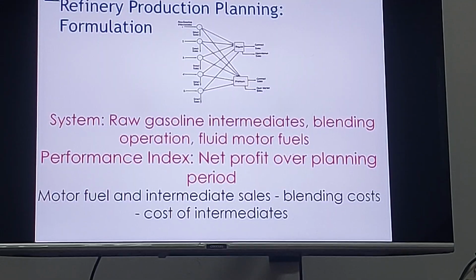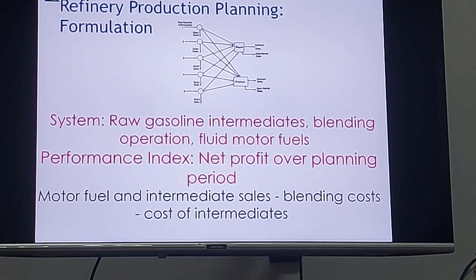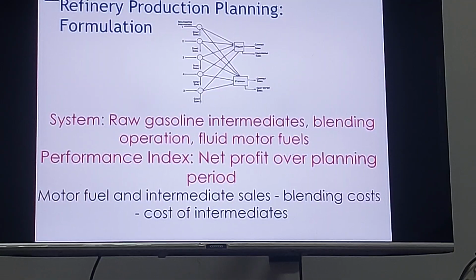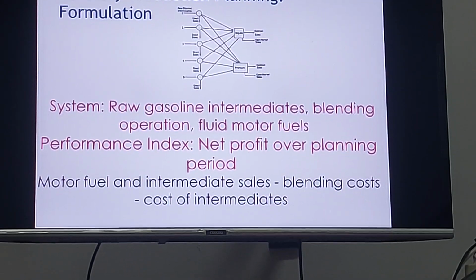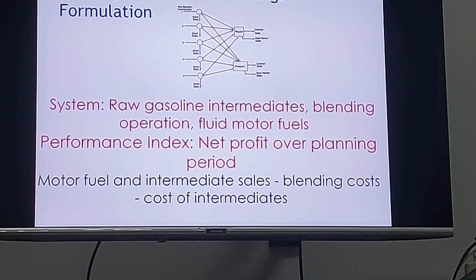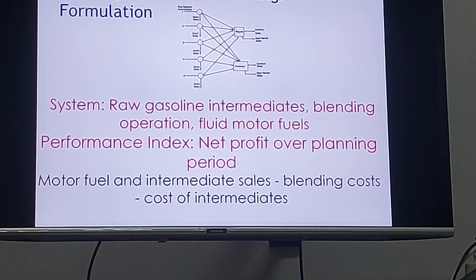Of course, finding how many you should make, but the main goal is to maximize the profit. Profit means the sales minus blending cost minus cost of utility. So you also need to make sure whether this formula for the profit is accepted by the manager or not. This is much simplified.